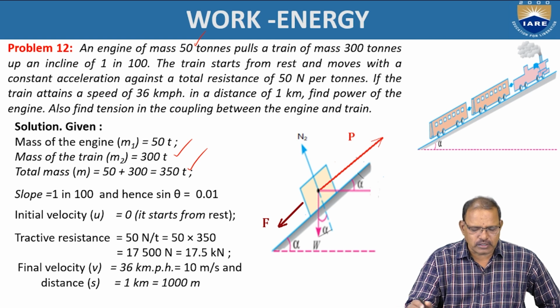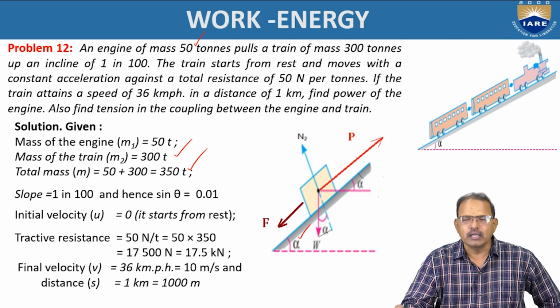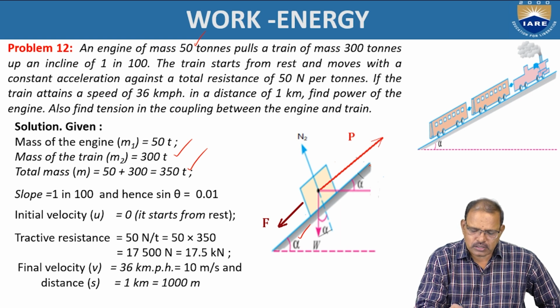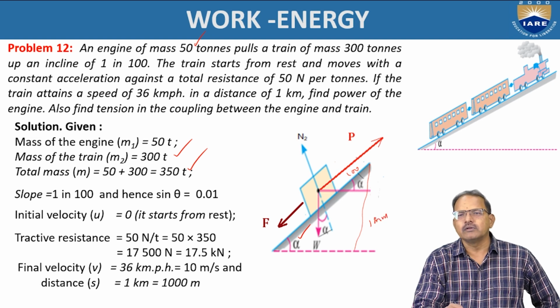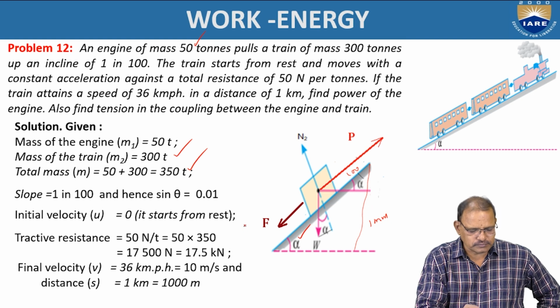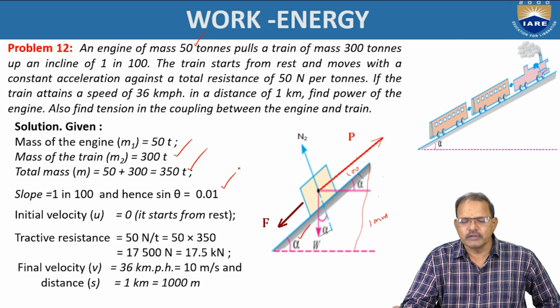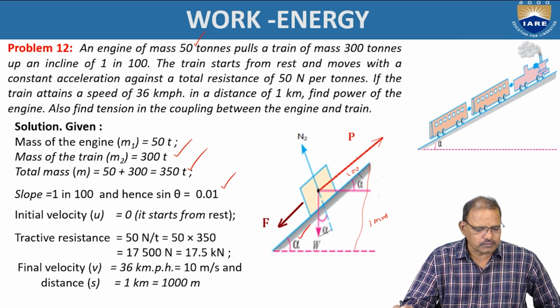Since the slope is given, it is moving on a track making an inclination alpha, given as 1 in 100. That means when it moves 100 m along the length, the height rises 1 m. Or sine alpha is equal to 1 by 100, which is equal to 0.01.